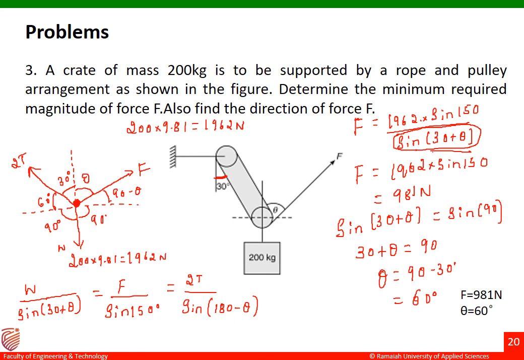We have to read the question very carefully: we have to find the minimum required magnitude of force, and the force is minimum when the denominator term is maximum. So theta is 60 degrees and F is 981 Newton, which matches the answers given in the slide.